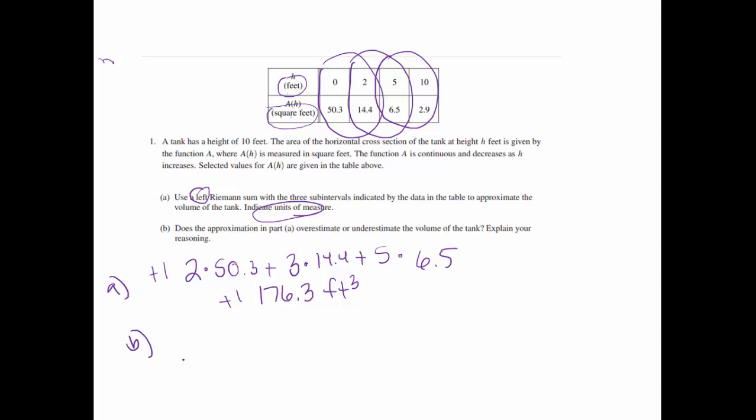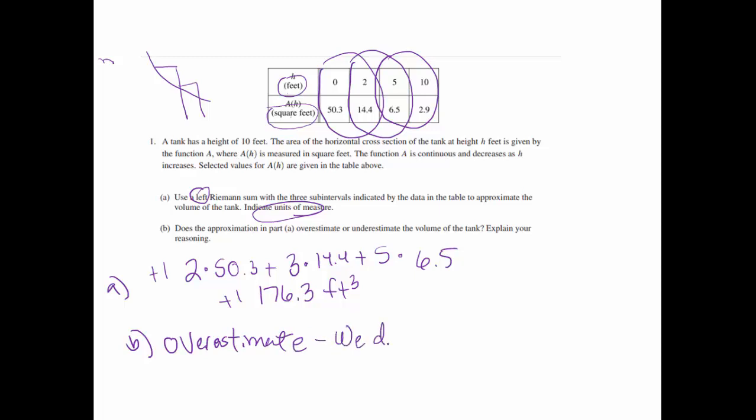Part B says, does the approximation overestimate or underestimate the volume of the tank? Explain your reasoning. Well, if you look at this, A is a decreasing function. So if I were to draw my rectangles starting at the left, you'll notice it's going to be an overestimate. So I'm going to say it's an overestimate.